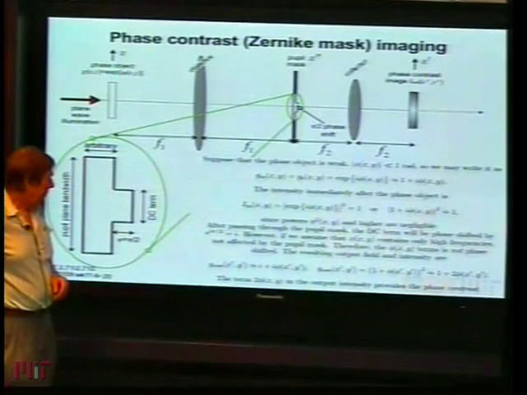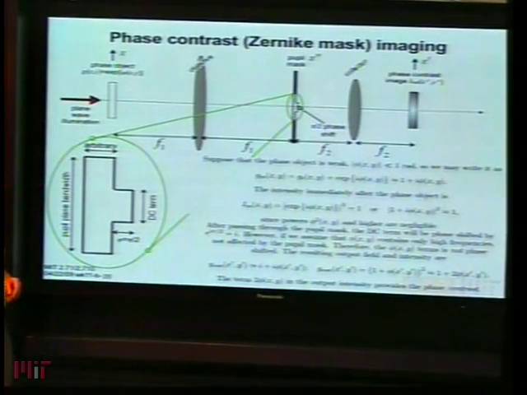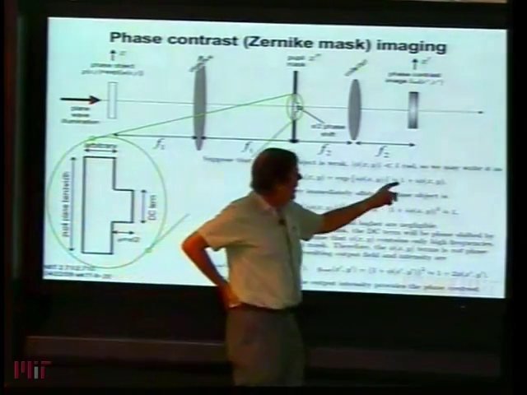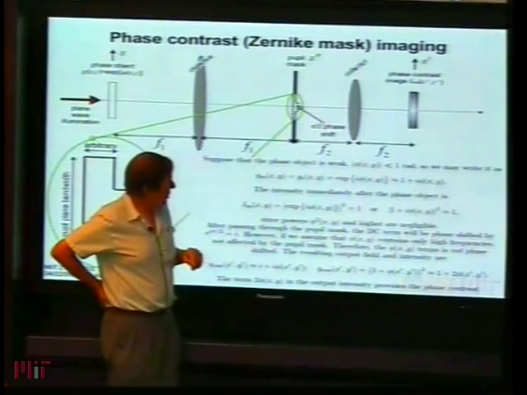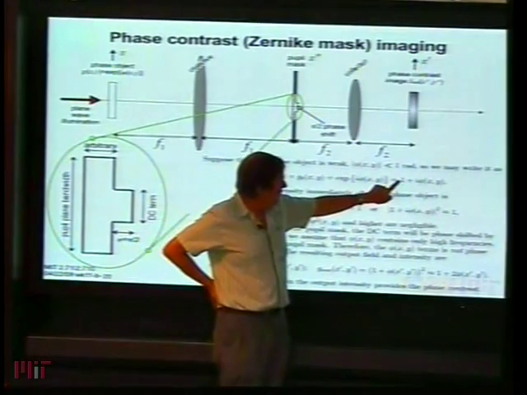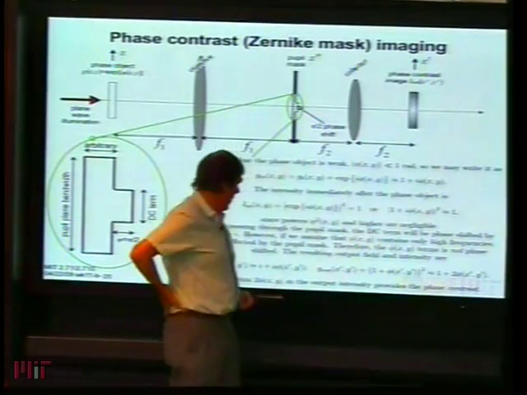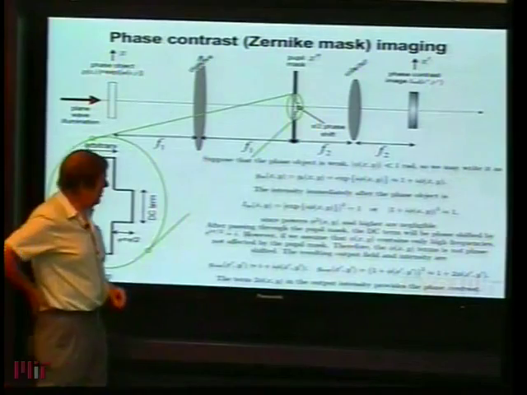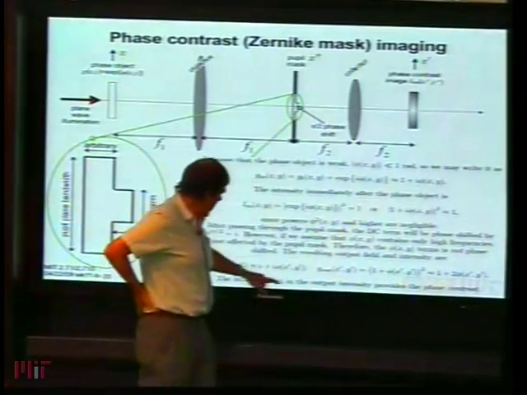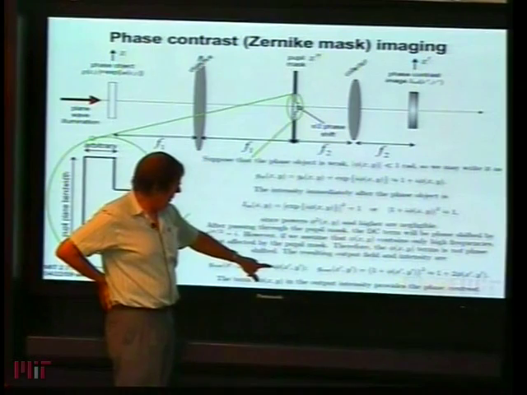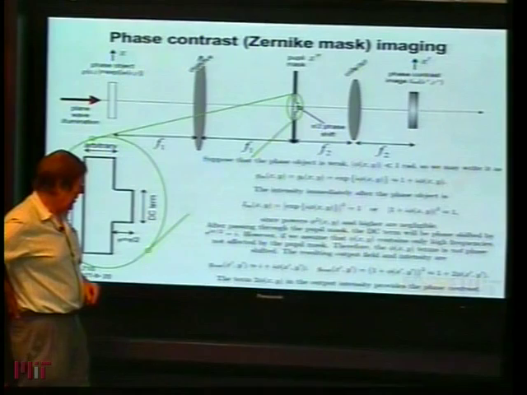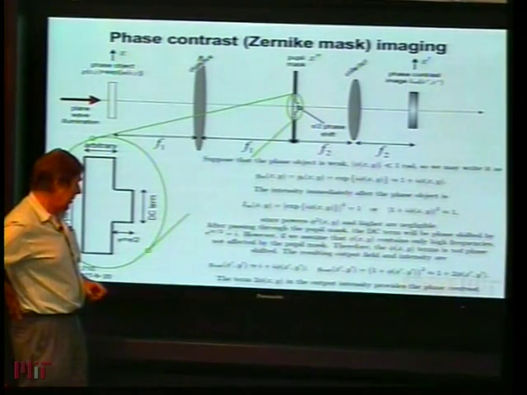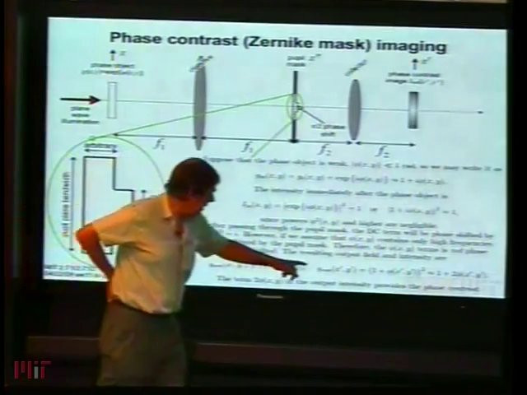Right, so now this object is going to go through this mask, which changes the relative phase of this relative to this. So if we change the 1 to i, we now get i plus i phi. And therefore the output is given by the intensity out.